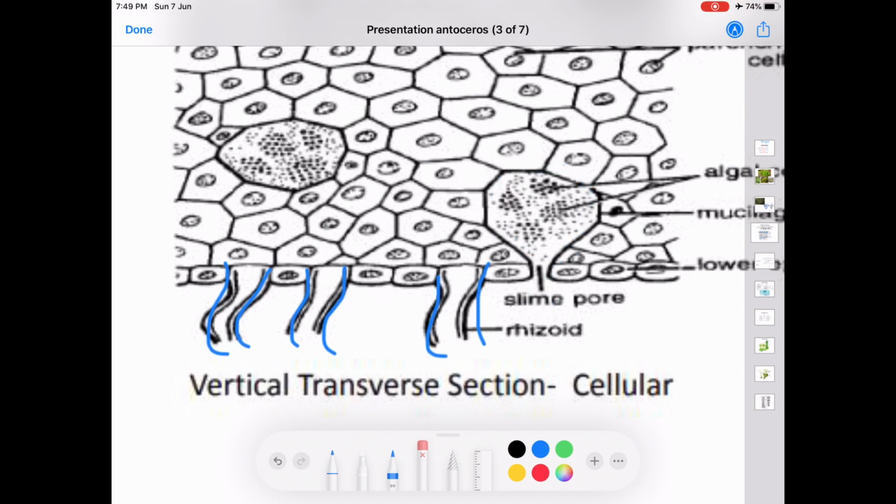The cavity is filled with mucilage, and along with the mucilage you can see the blue-green alga Nostoc. The Nostoc helps the plant in fixing atmospheric nitrogen.